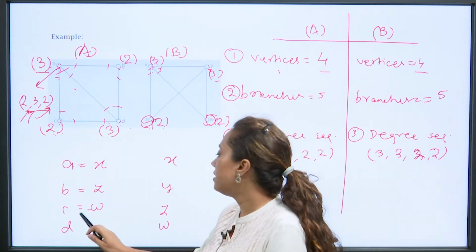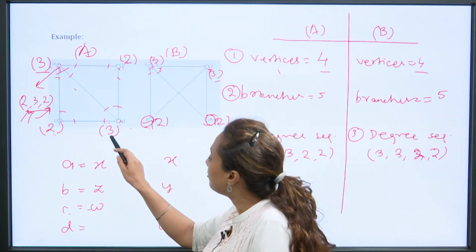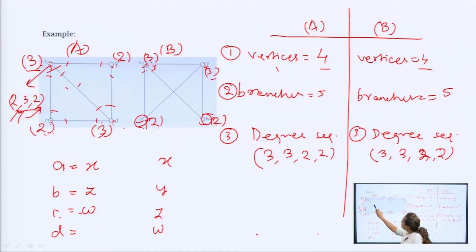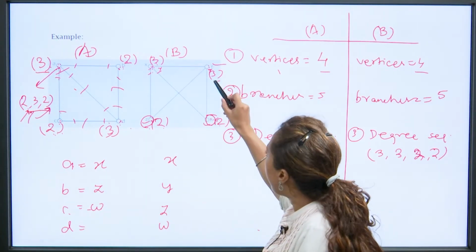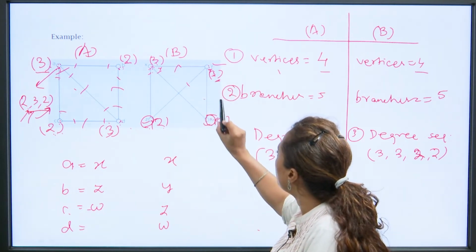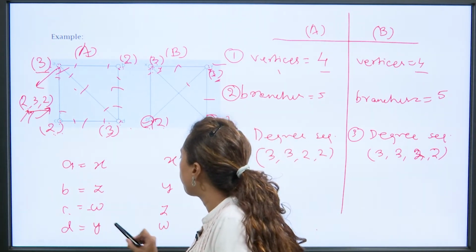So, C is mapped with W. Similarly, this D is having a degree of 3 and it is getting connected with 3, 2 and 2. So, this D is mapped with Y, it is having 3 degree and it is connected with 3, 2 and 2, right. So, it is mapped with Y, right.